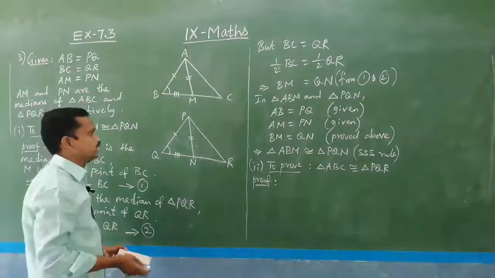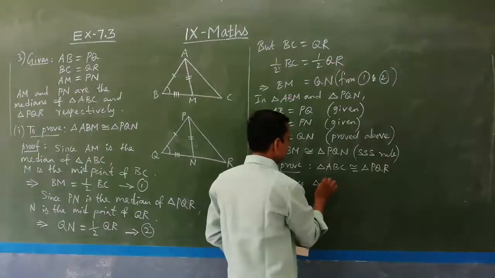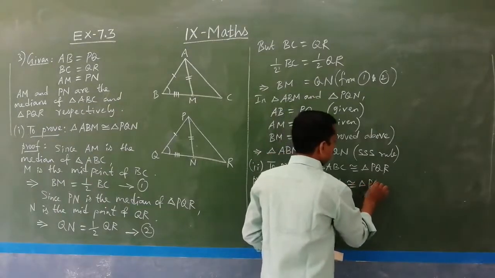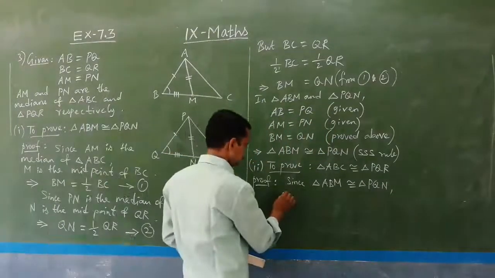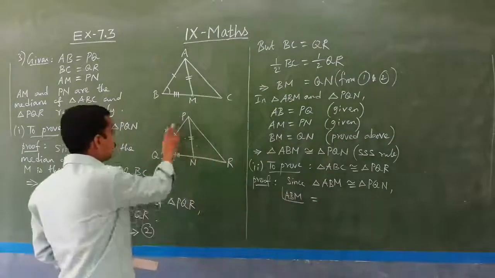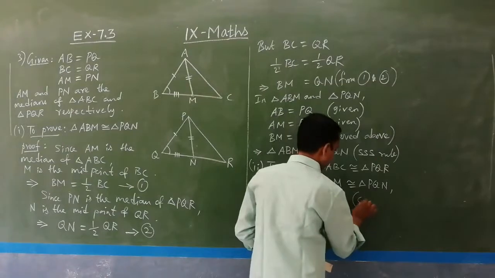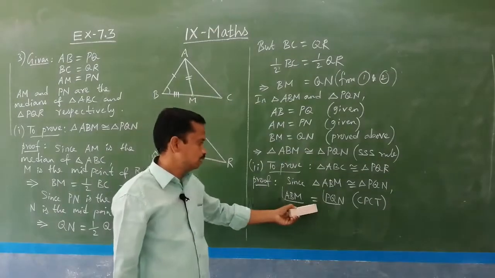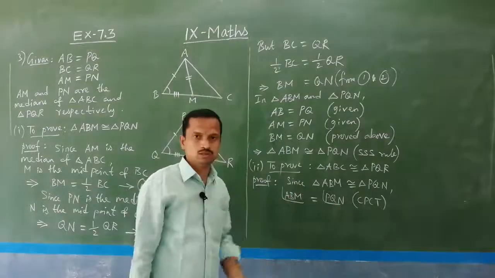Since triangle ABM is congruent to triangle PQN, angle ABM is equal to angle PQN. This is by CPCT, that you know, isn't it? By CPCT we can say angle ABM and angle PQN are equal, because we have proved above that these two triangles are congruent.